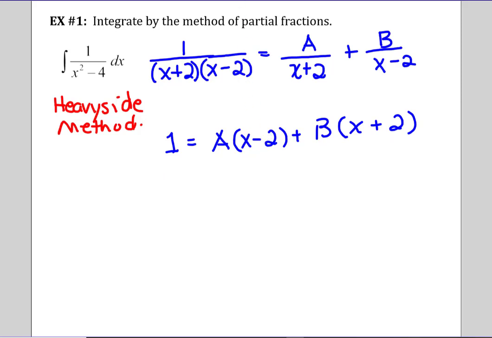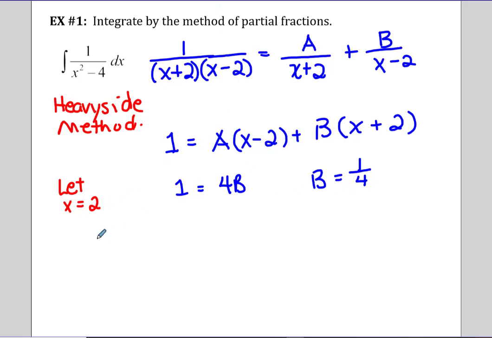So let's let x equal 2 in this equation, the a term disappears. And 2 in the place of x here would give us 4b. So 4b equals 1. This tells me that the b value is going to be 1/4.